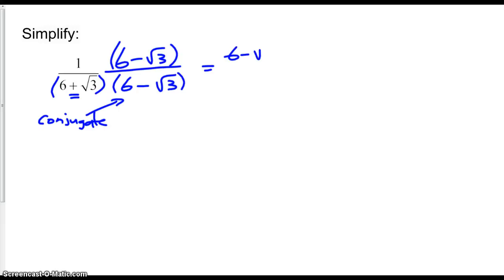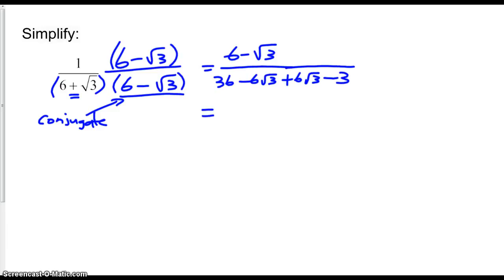On the top, I have 6 minus square root of 3. But on the bottom, I have to distribute. So I have this whole thing times 6, which is 36 minus 6 square root of 3. And then this whole thing times the square root of 3, which is plus 6 square root of 3. Positive square root of 3 times negative square root of 3 is a negative, and a square root of 3 times a square root of 3 is a 3.